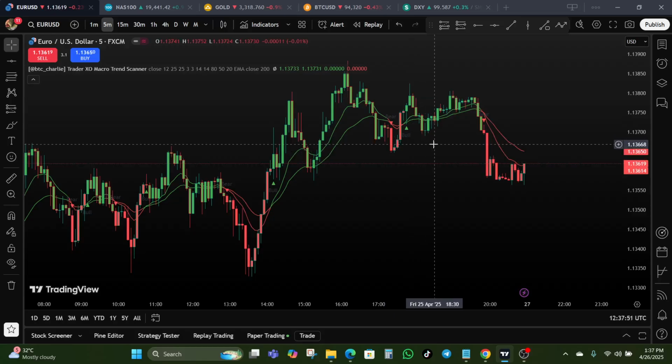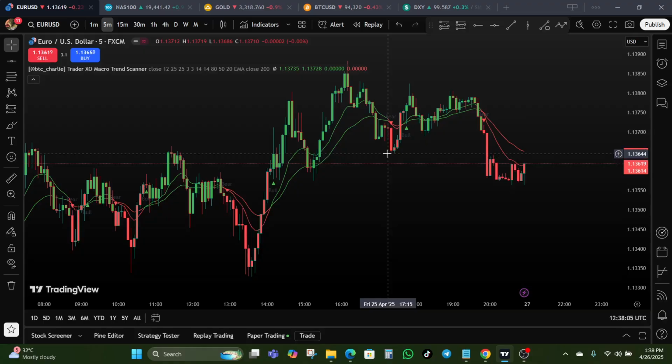Instead of relying on multiple indicators stacked on your chart, this scanner analyzes the overall macro trend and simplifies it into a clean buy or sell bias. It is perfect for scalpers, intraday traders, and swing traders who need a straightforward signal without second guessing themselves.